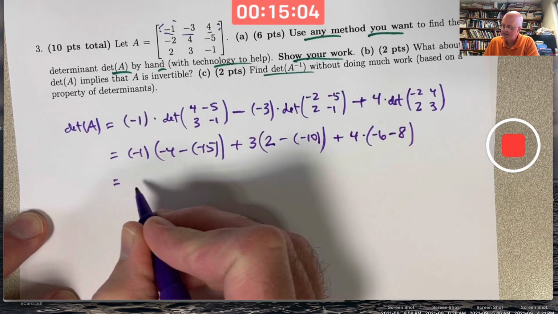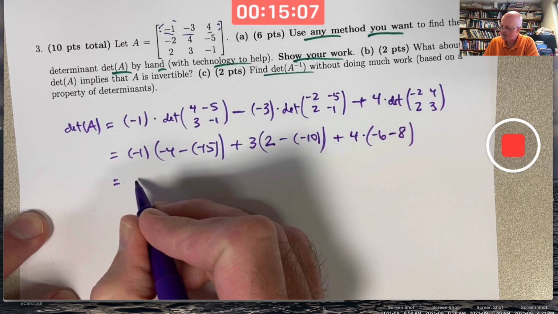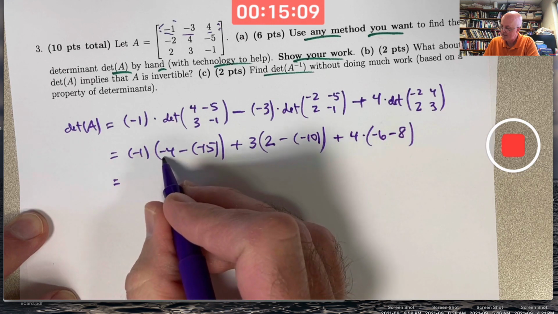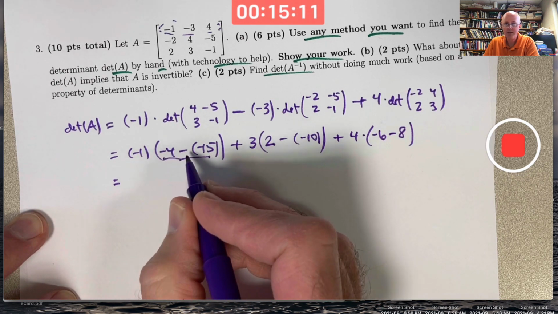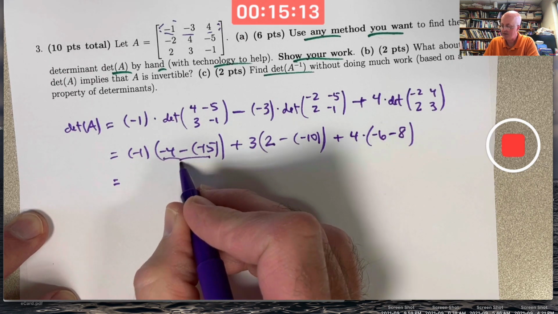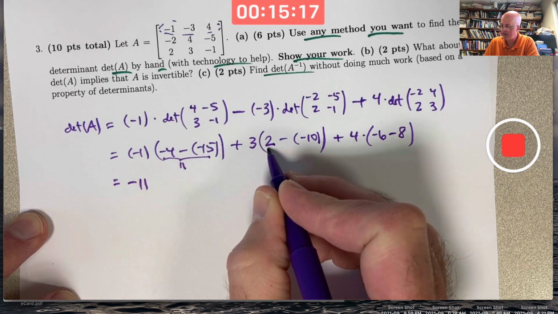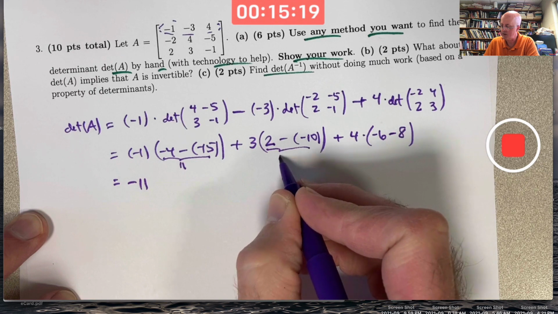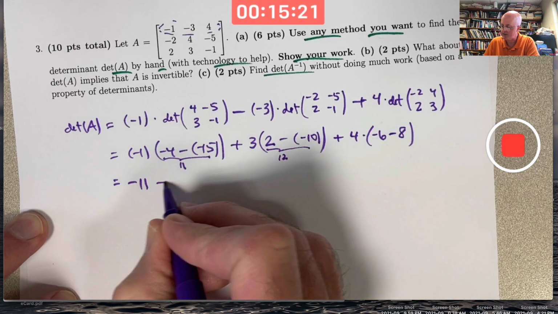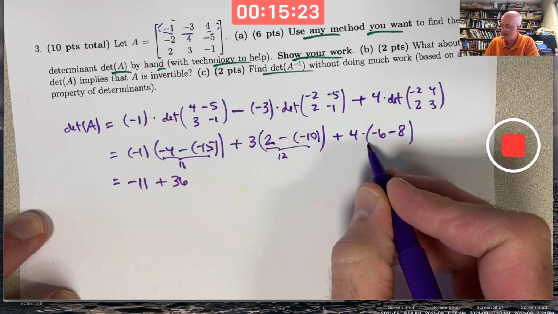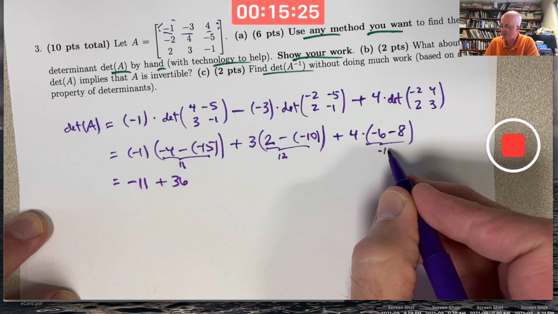Simplify, being careful not to make a mistake. This is the same as negative 4 plus 15, which is 11, times negative 1 is negative 11. This thing is the same as 2 plus 10 is 12, so I get 3 times 12 is plus 36. And this thing is negative 14 right there.